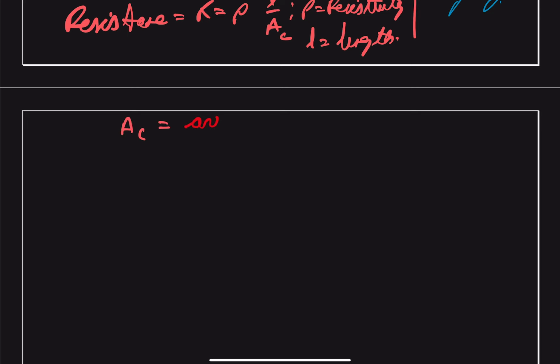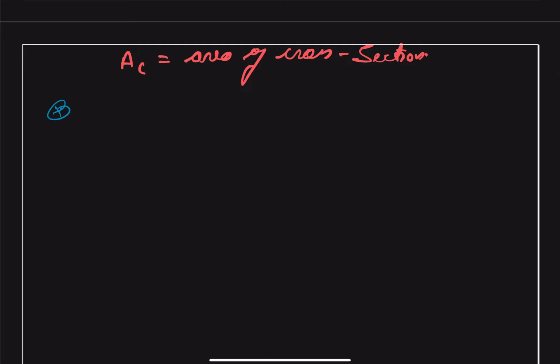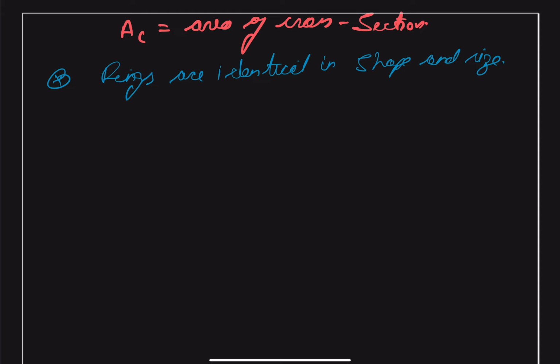It is given that the rings are identical in shape and size, which means L, the length, and AC, the area of cross section, will be the same for both rings.